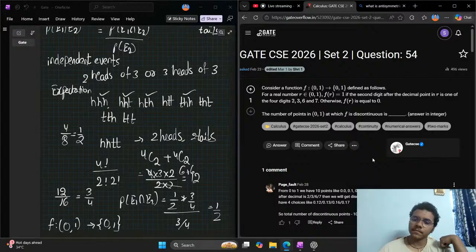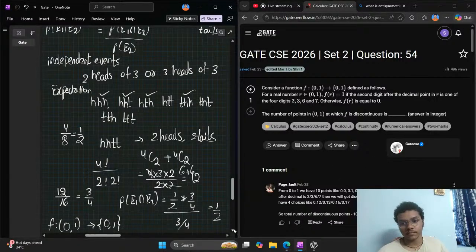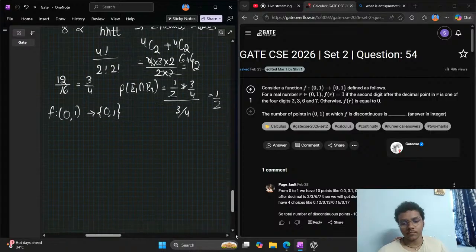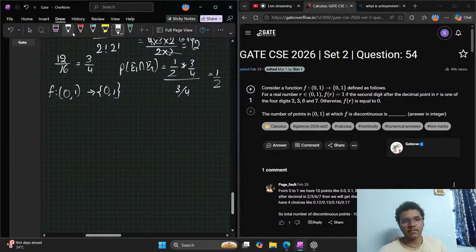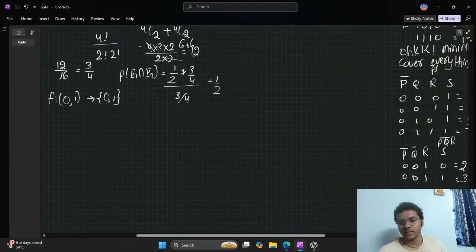Okay. The number of points in 0 comma 1 at which f is discontinuous is. The question kind of makes sense but does not make sense at the same time.